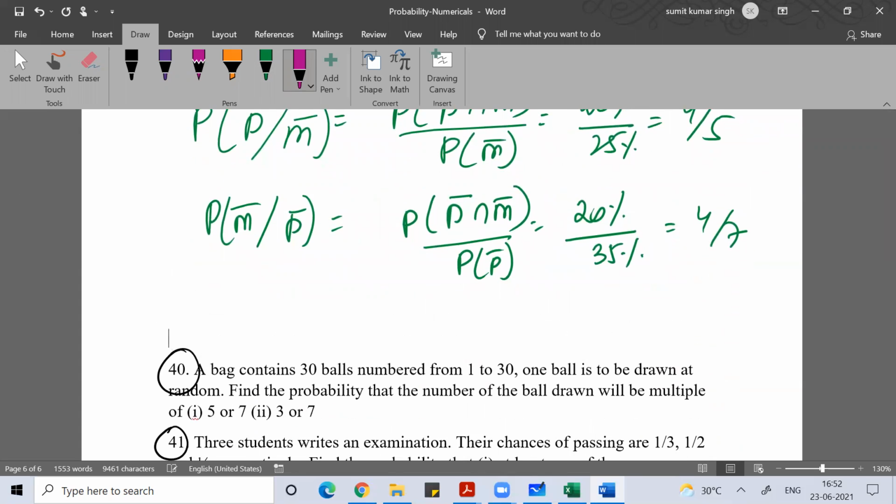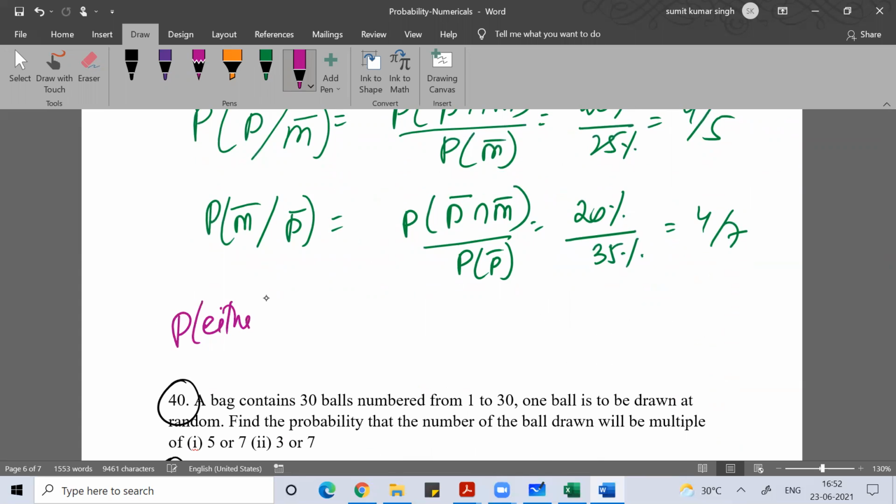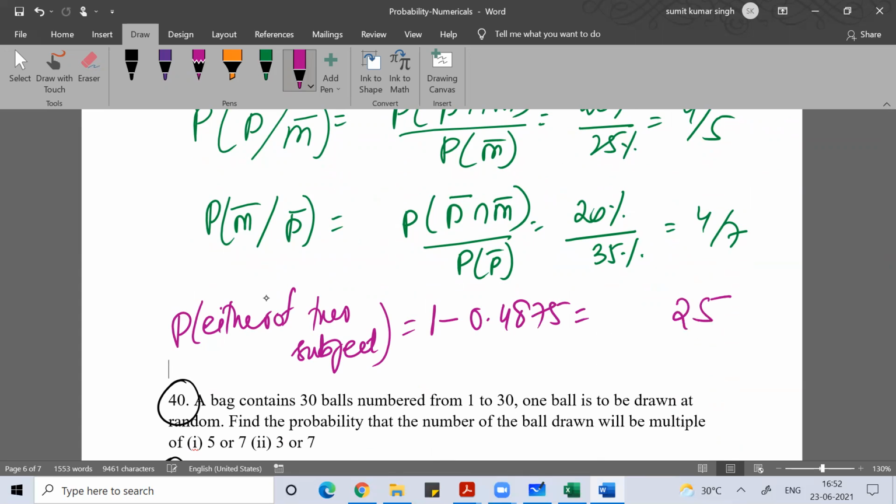If I'm saying he failed in either of the two subjects, the probability that he failed in either of two subjects means 1 minus the probability that he failed in neither of the two subjects, that is 1 minus 0.4875, which is 0.5125.